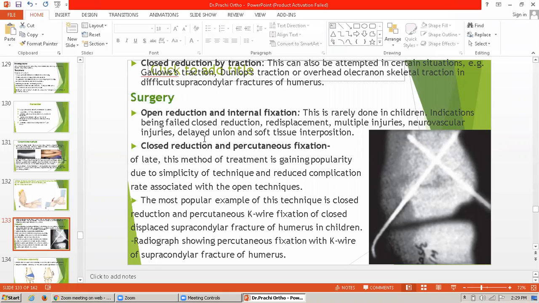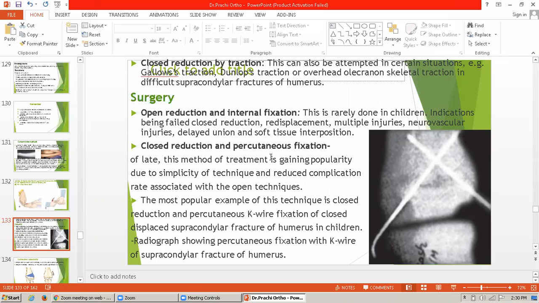Surgery, open reduction and internal fixation, is rarely done in children and is indicated in failed closed reduction, redisplacement, multiple injury, neurovascular injury, delayed union, and soft tissue interposition.